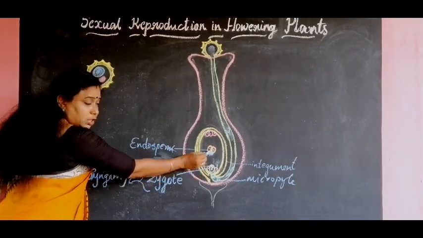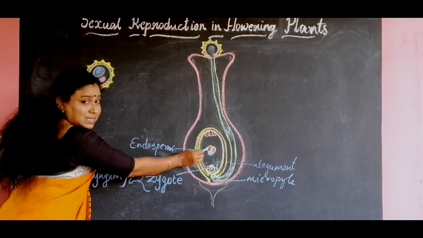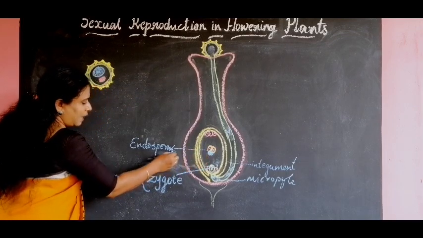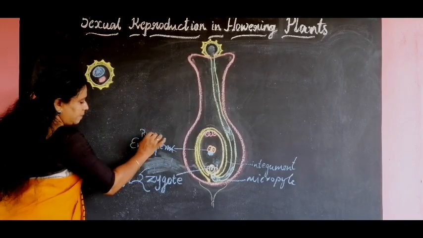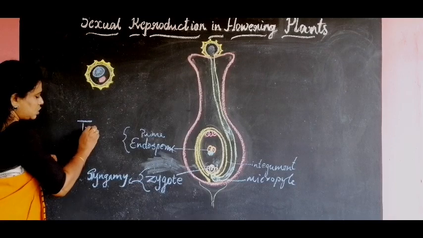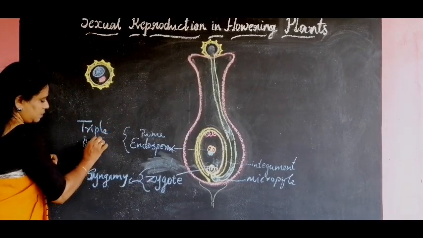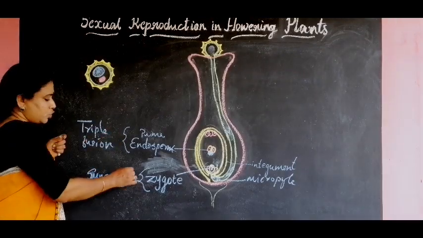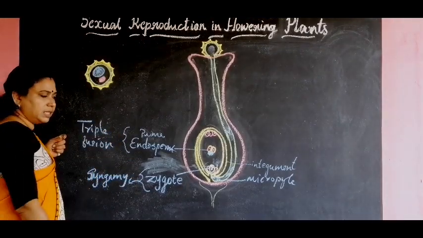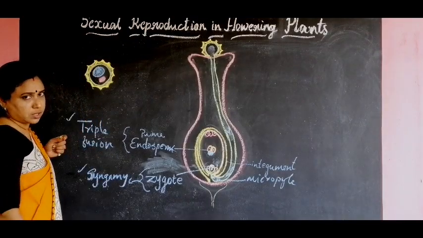Another male gamete fuses with the two polar nuclei forming a three-nucleus cell, and there the primary endosperm forms. This fusion is called triple fusion. So two types of fusion take place here: one is syngamy and the other is triple fusion.